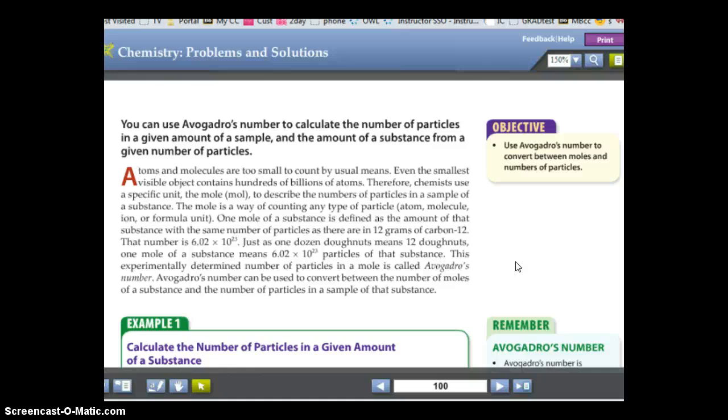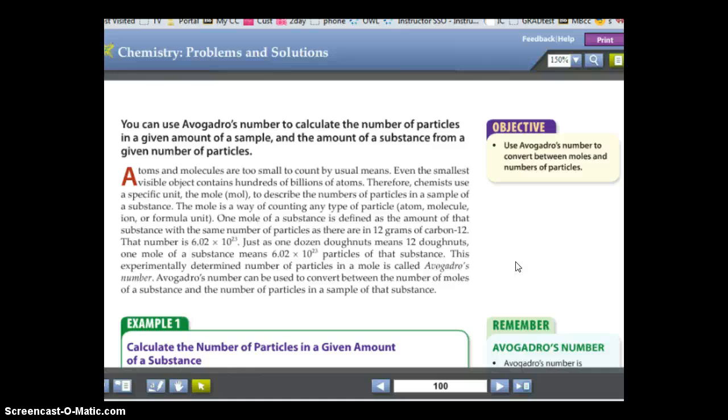That number is 6.02 times 10 to the 23rd. Just as 1 dozen donuts means 12 donuts, 1 mole of a substance means 6.02 times 10 to the 23rd particles of that substance. This experimentally determined number of particles in a mole is called Avogadro's number.